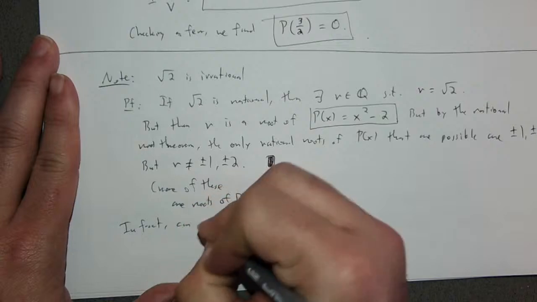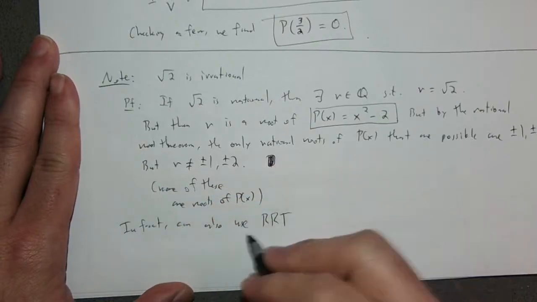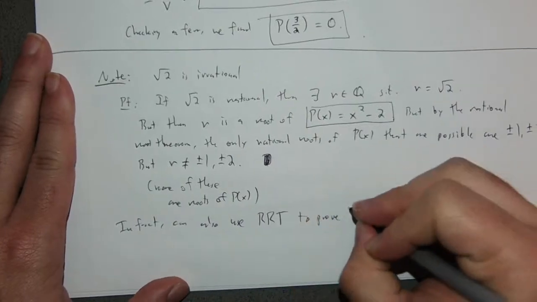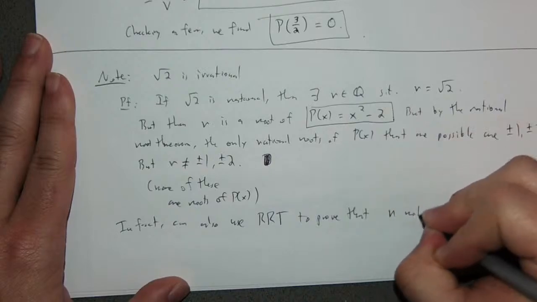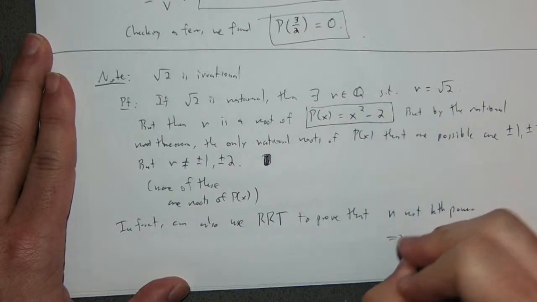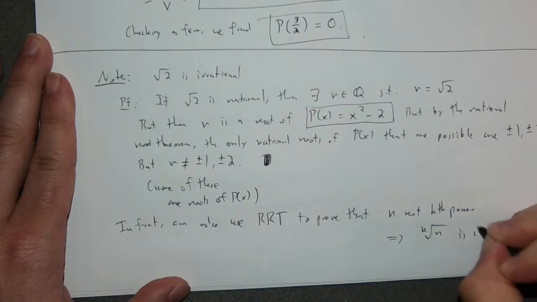I'm not going to write it out. So you can also use the rational root theorem to prove that n not a kth power implies the kth root of n is irrational.